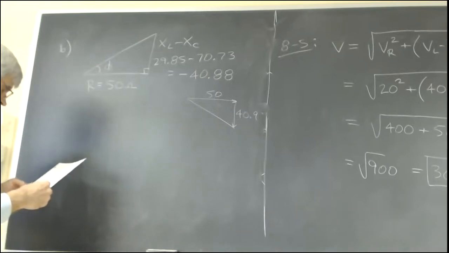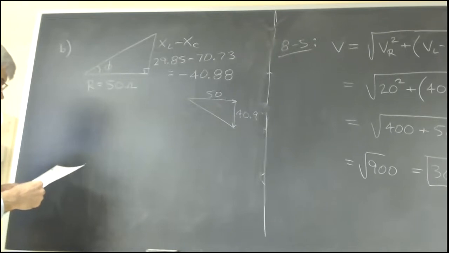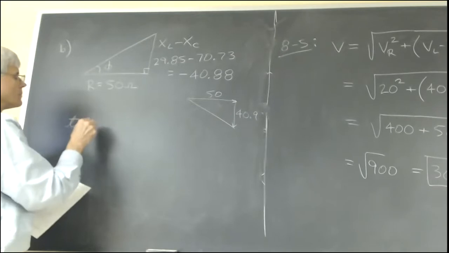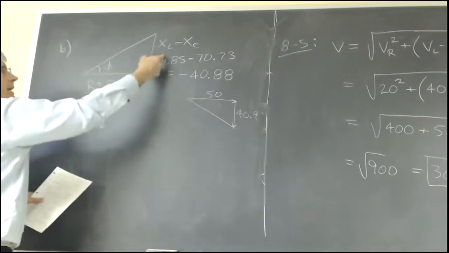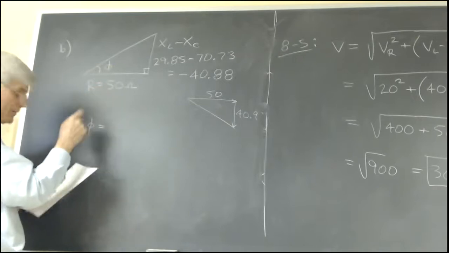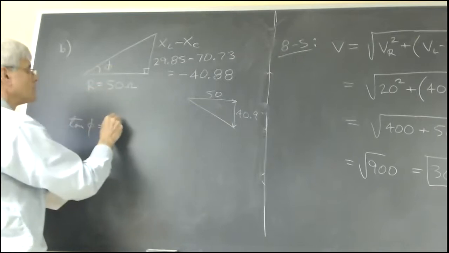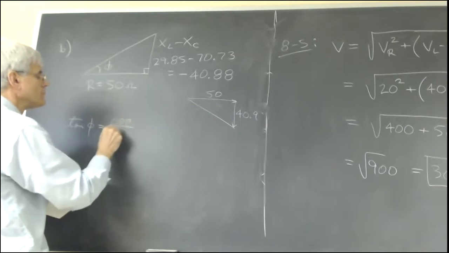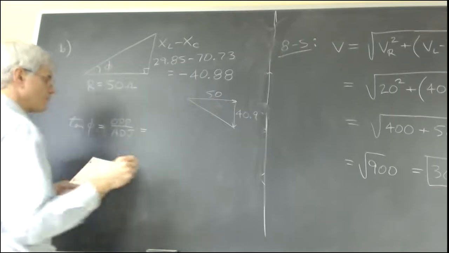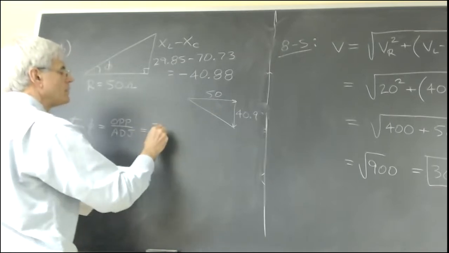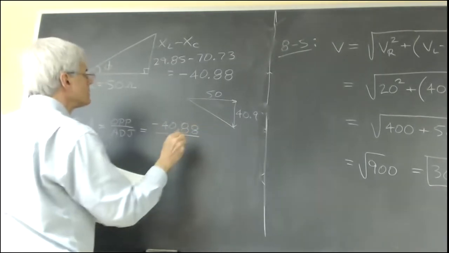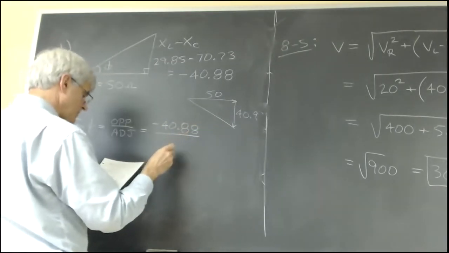So, a little bit of trigonometry. We know the opposite and adjacent sides of this triangle. Opposite over adjacent is the tangent. Negative 40.88 over 50.